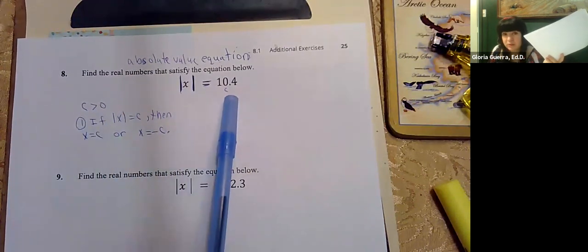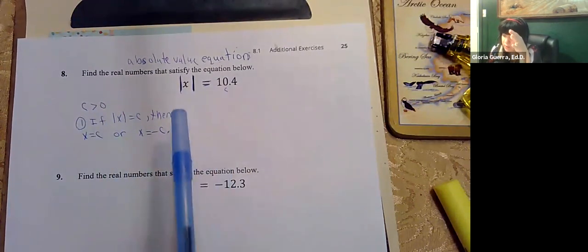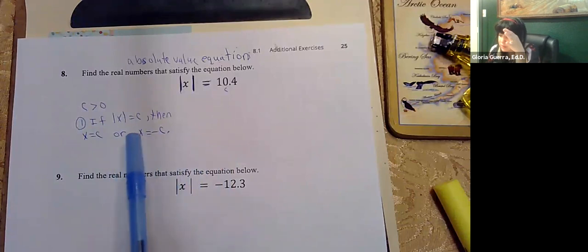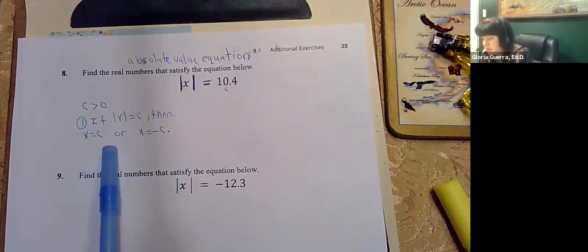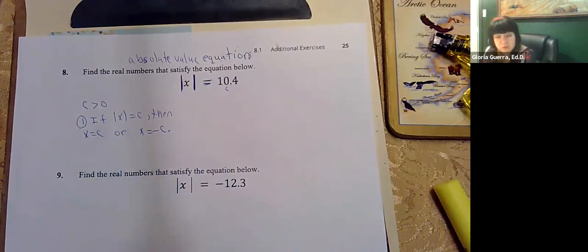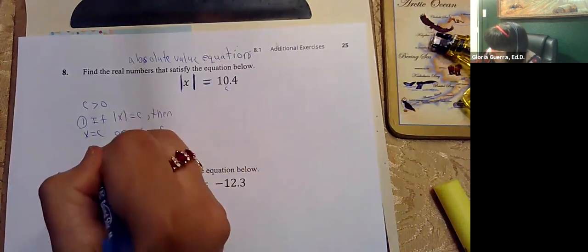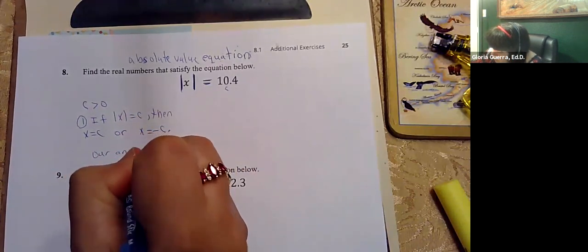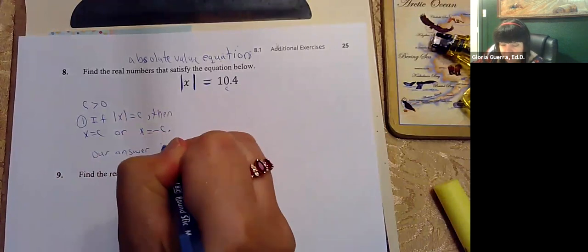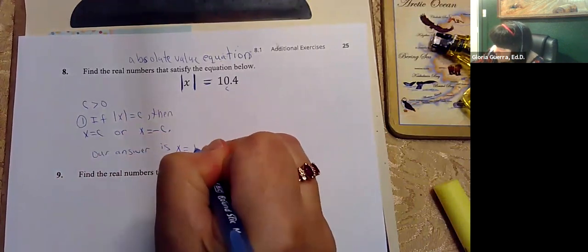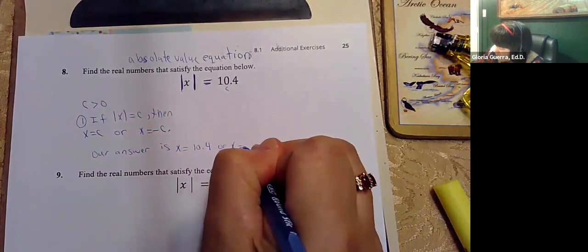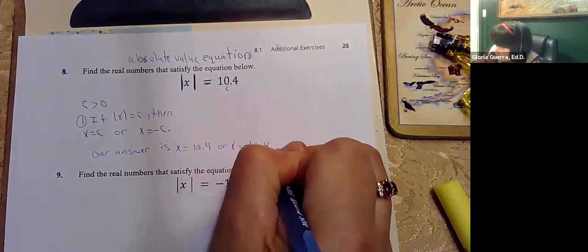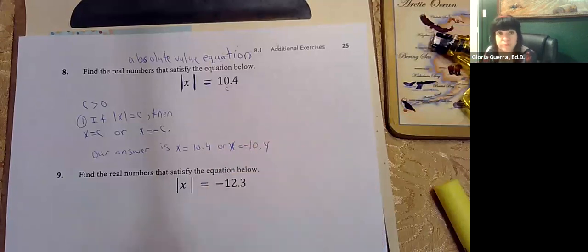And it is, for us, it's 10.4. And if that's the case, then you're trying to think what answers would make that true. They're saying that you would use C and negative C. So for us, our answer is going to be x equals 10.4 or x equals negative 10.4.